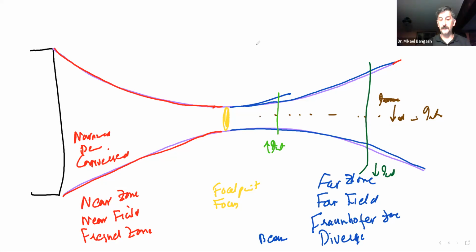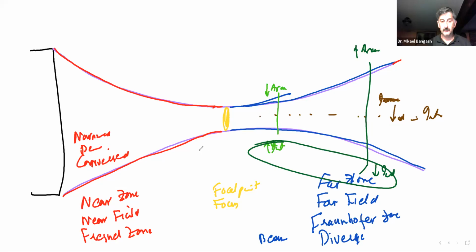Why is that? Mainly because here we have a smaller area, whereas over here the beam has a greater area. Which kind of intensities were we talking about? Your spatial intensities.